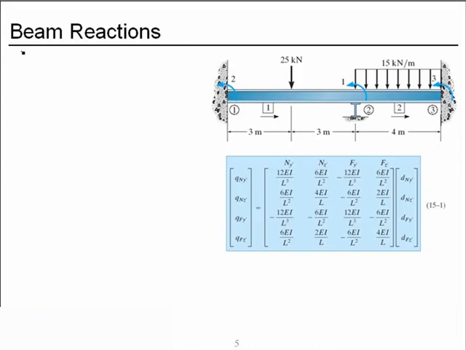And now step 2. We'll begin the stiffness method process by assembling the structure stiffness matrix. But to do that, we have to first develop the element stiffness matrices.